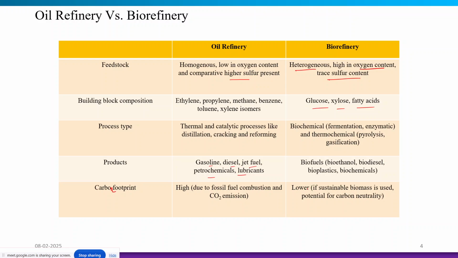When we are considering the biorefinery, there is a lower carbon footprint because we are considering a neutral carbon cycle for the growth of biomass. Also, when we are combusting those biomass, there will be less CO2 emission. If sustainable biomass is used, then there is potential carbon neutrality that we are able to maintain over the process.